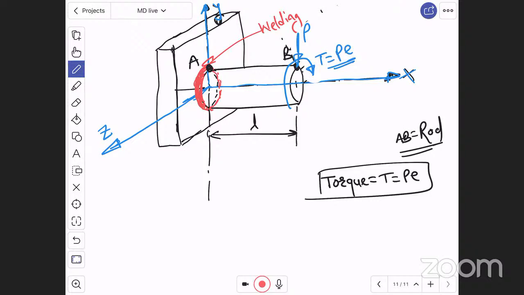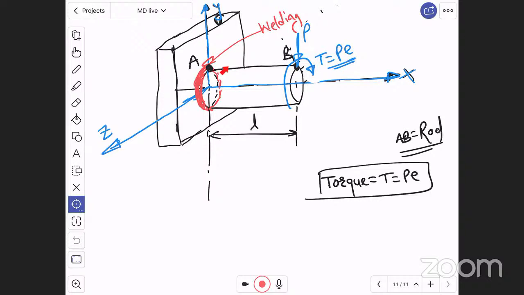Right. Now after this, go to the welding location and observe the welded portion. Here, this P into L is trying to bend the AB link.